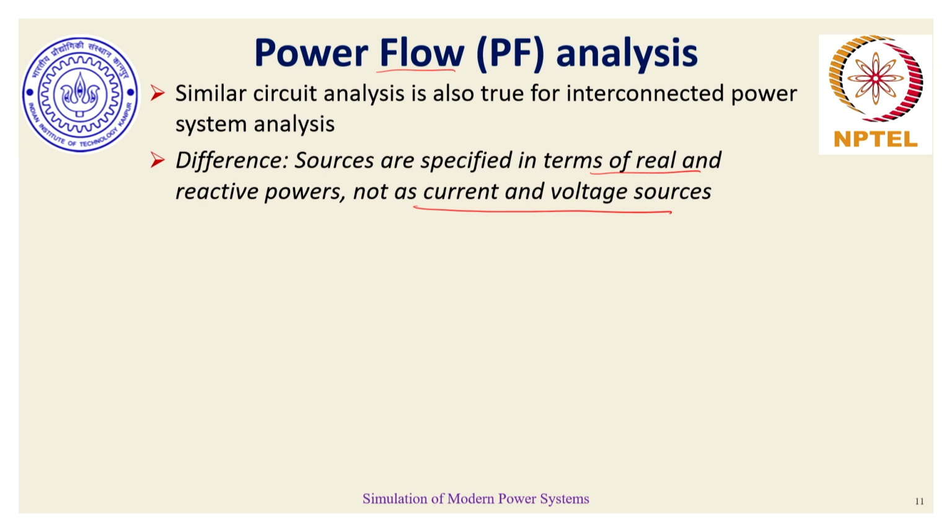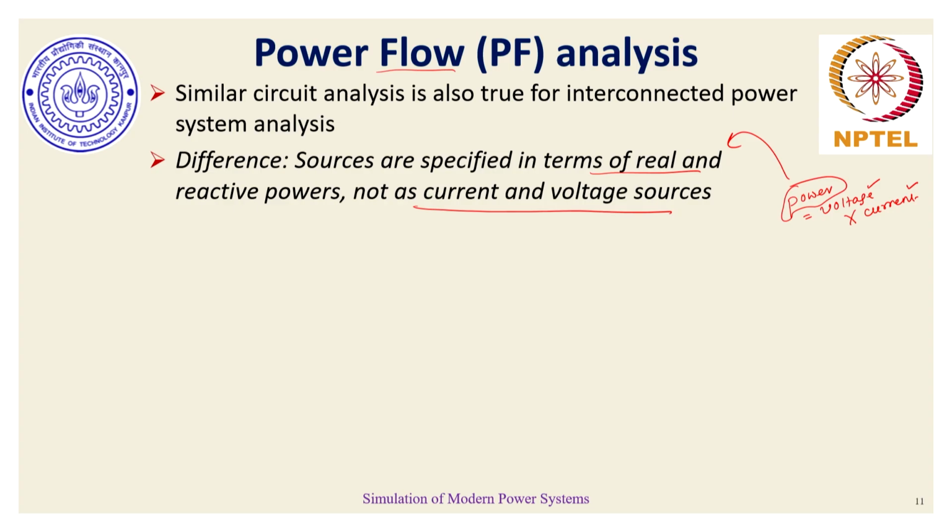If our sources are in terms of powers, and given that we are talking about simulation of modern power analysis, we all know that power is essentially a product of voltage and current, where voltage is the voltage across the element and current is the current through the element; the corresponding power can be evaluated by this product. If power is known, because that's how our sources are defined, the corresponding circuit analysis, where the objective is to find these voltages and currents, would result no more in linear equations.